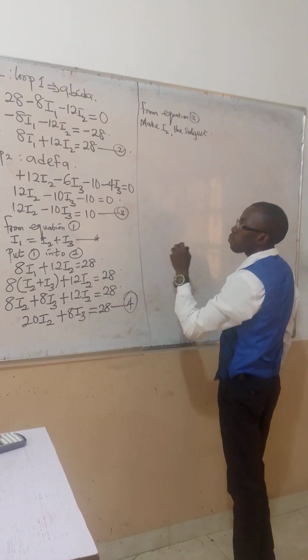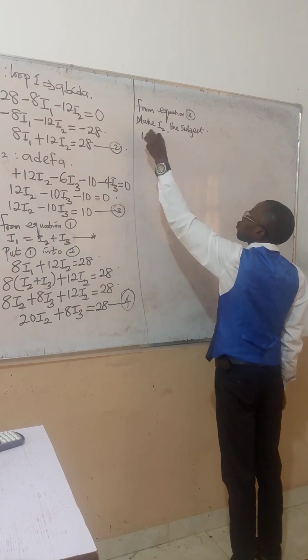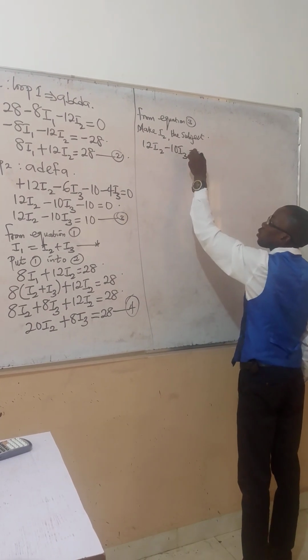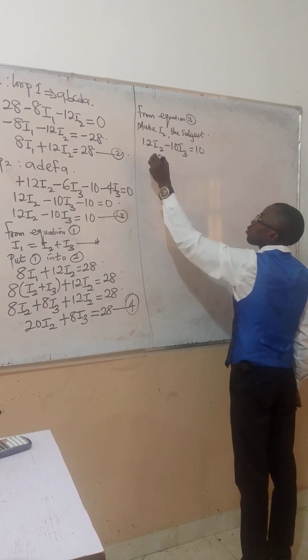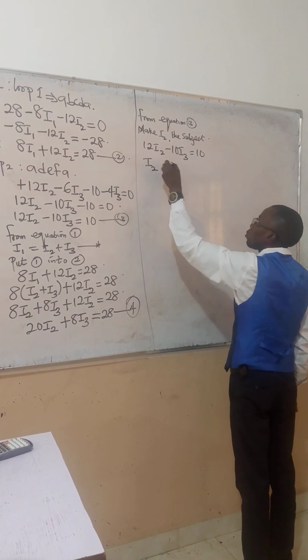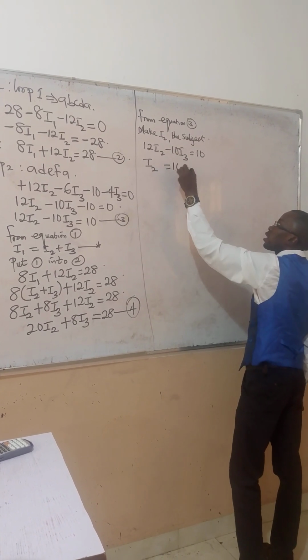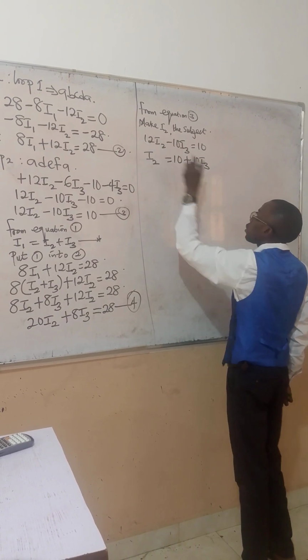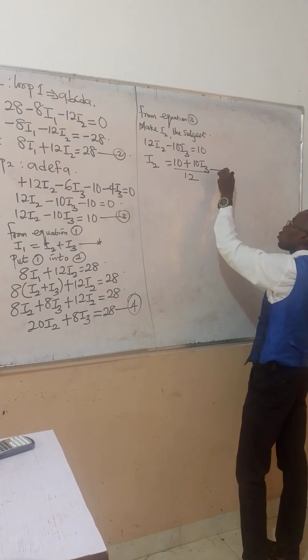Equation 3 is 12 I2 minus 10 I3 equals 10. That shows that I2 will be, you take this to the other side, 10 plus 10 I3, all divided by 12. Call this equation 5.